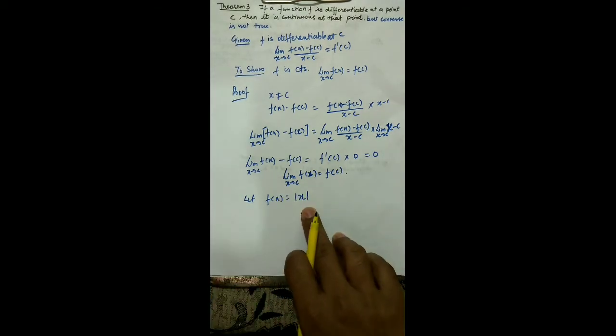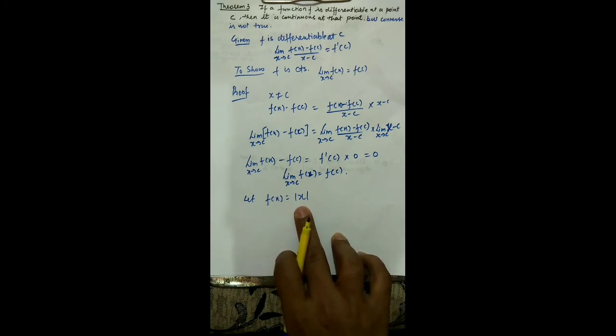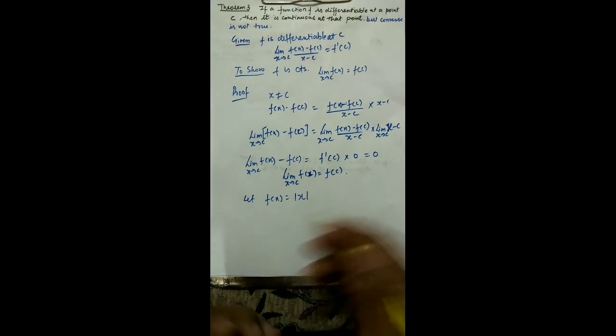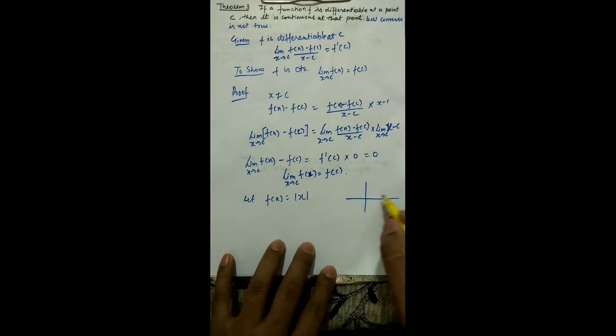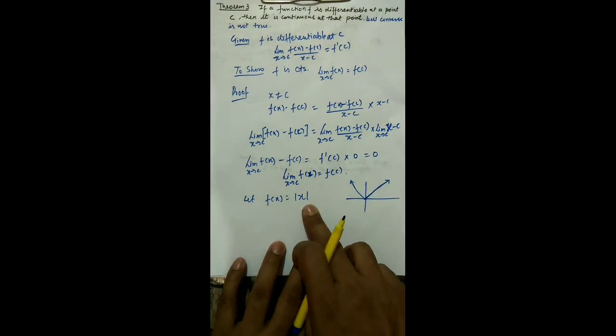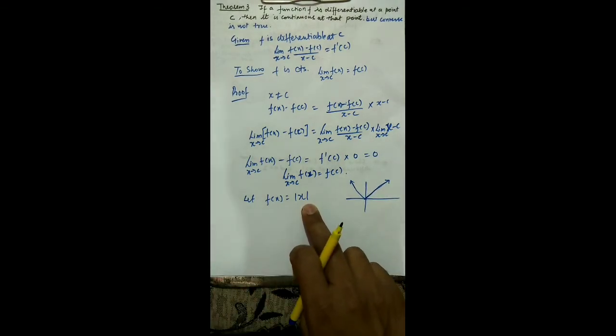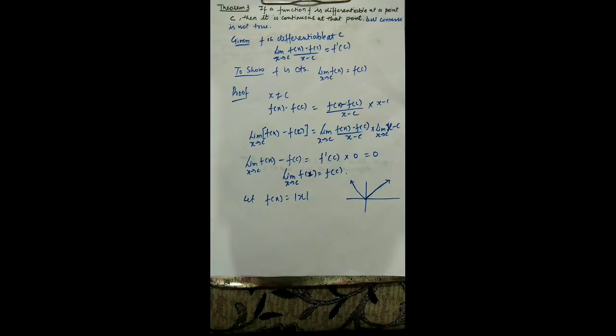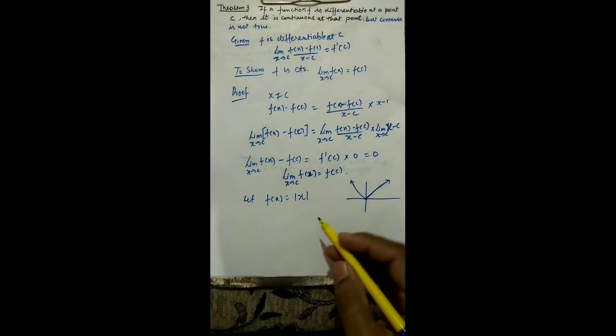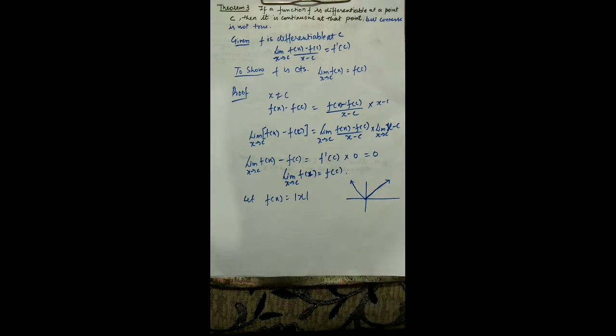I'm going to discuss this orally: this function is continuous throughout, because you can see there is no gap in its graph. You can prove that it is a continuous function. But it is not differentiable at x equal to 0, and you will find that the left hand derivative and right hand derivative are not equal.